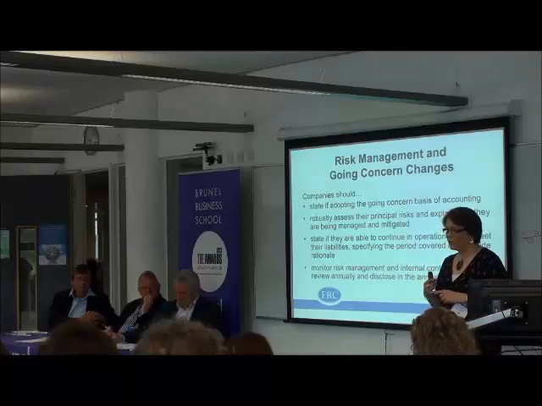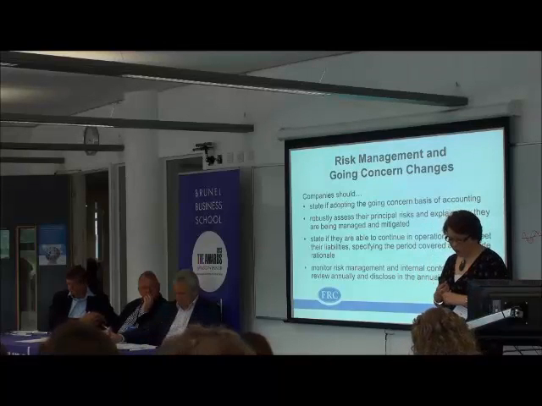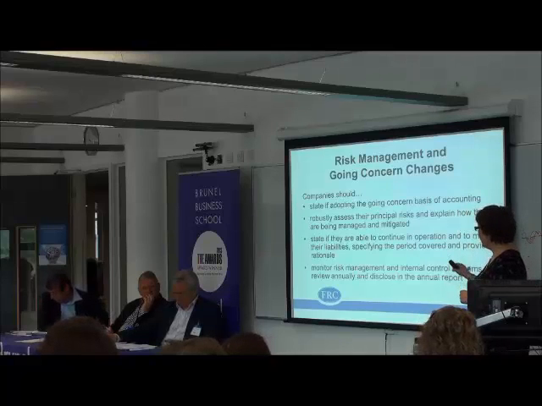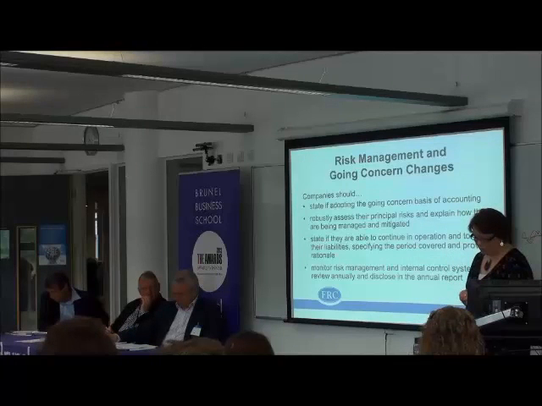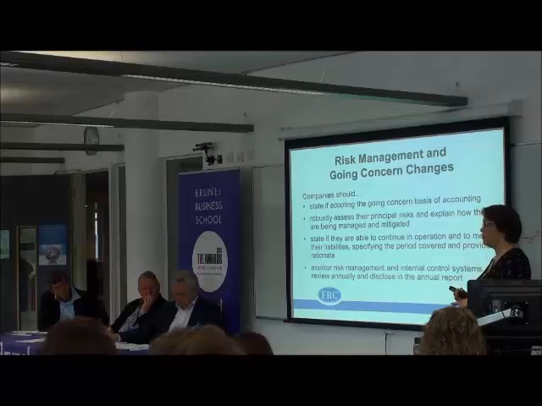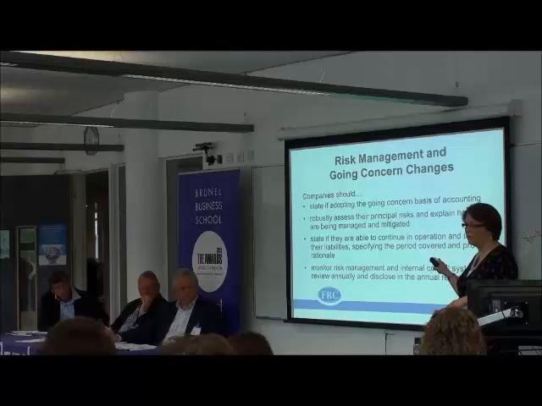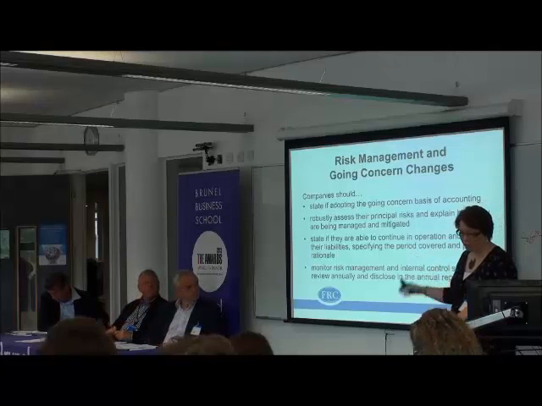This is an important responsibility of the board, and the minimum we're looking for is an annual effectiveness review, and the report should be disclosed in the annual report on how well it's been done. We're looking to make sure that stakeholders of various types, both ourselves as shareholders and other parties involved, can take comfort that the business has managed its risks appropriately.